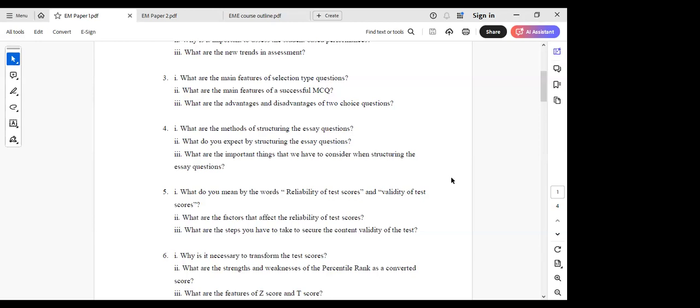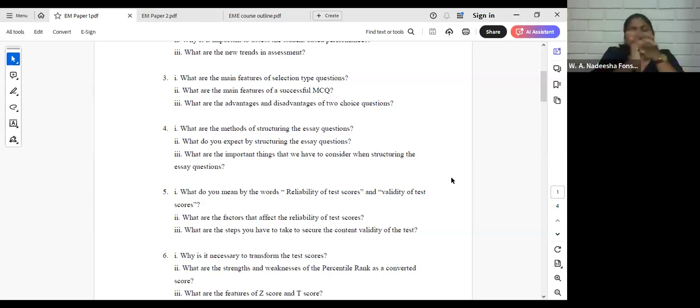Making a table of specification. Yes. The answer is we have to make the table of specification or blueprint, like she said. Then what are the steps?